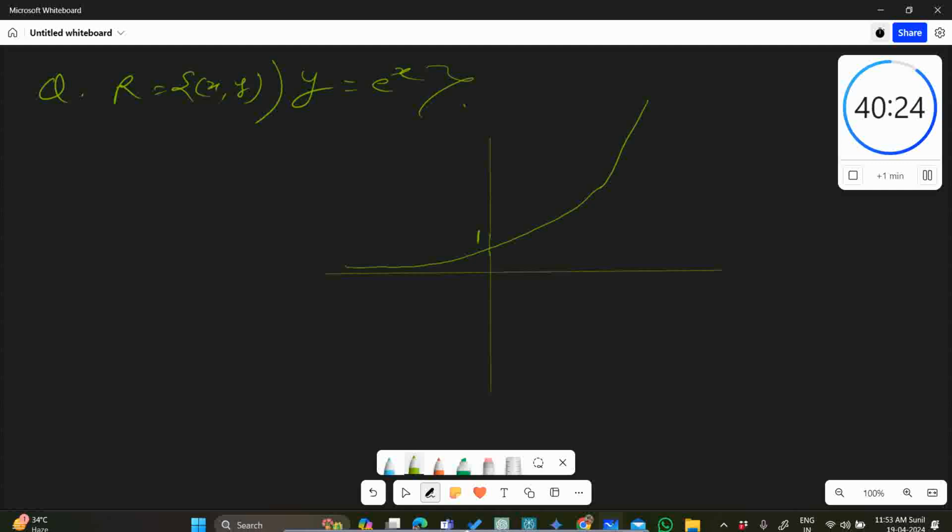It never goes to 0. So the domain of R is whatever values it can take as input, which is all real numbers.